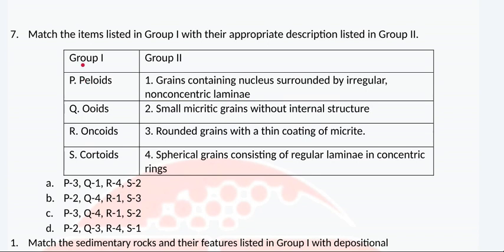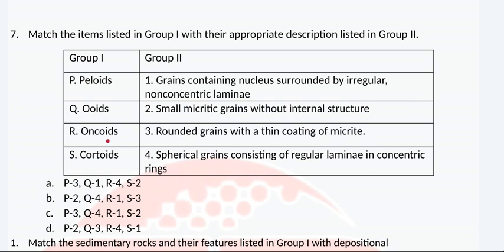So match the items with their appropriate description. Pellets are the smallest spherical allochem particles and they don't have any internal structure. Then ooids are larger grains having concentric internal structure.